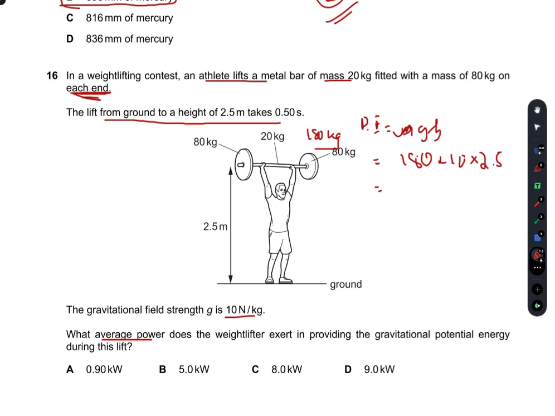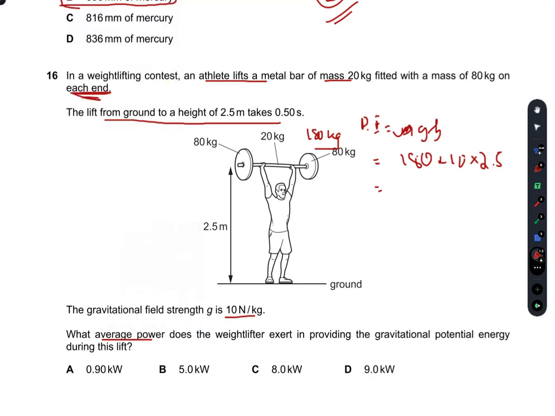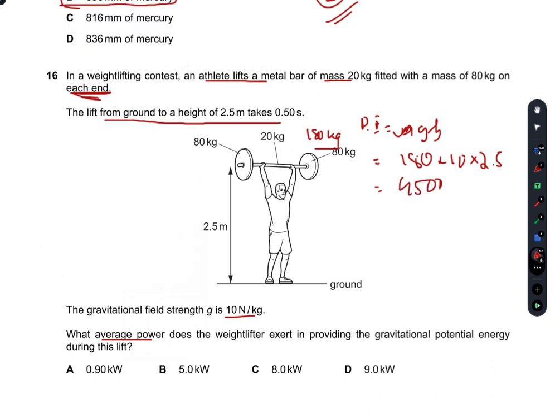So that is 180 times 10 times 2.5, which equals 4500 joules. Now we have to find the power here.